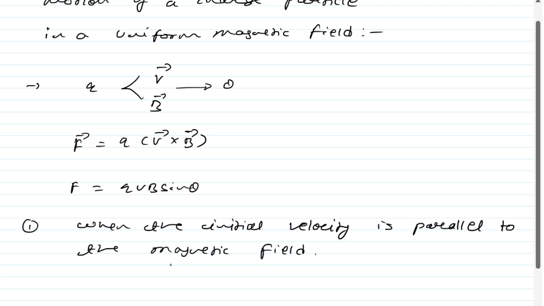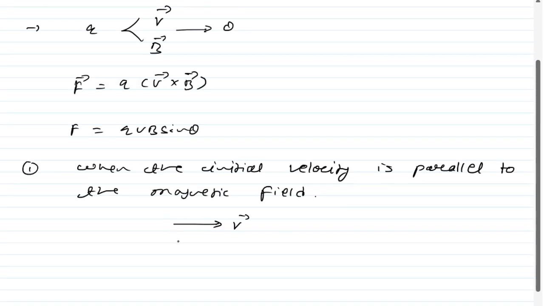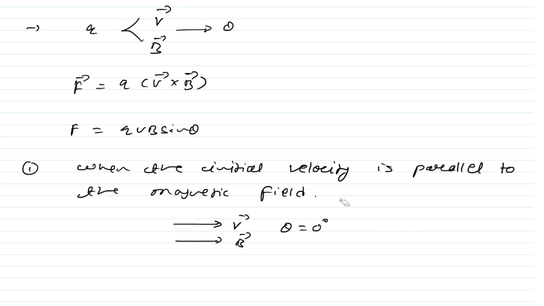In that case, if both velocity and magnetic field are parallel, theta will be 0. So force will be equal to q v B sin 0, which is 0. So force will be equal to 0. No force will act on them.